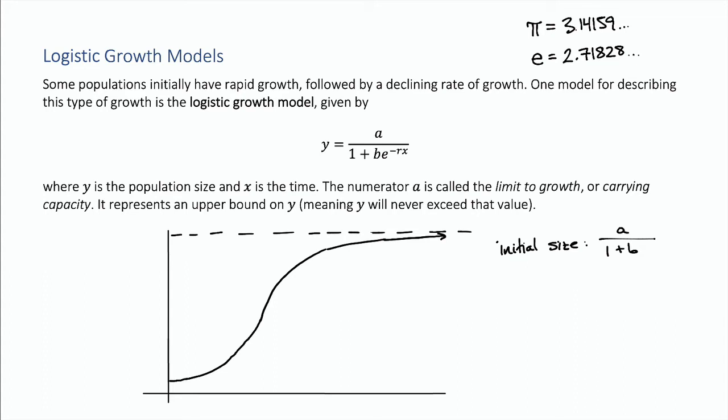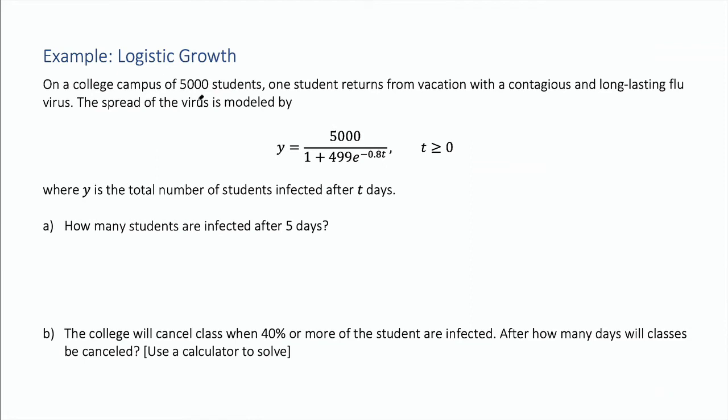Let's look at an example. On a college campus of 5,000 students, one student returns from vacation with a contagious and long-lasting flu virus. The spread of the virus is modeled by this logistic growth function, where y is the total number of students infected after t days. How many students are infected after 5 days?